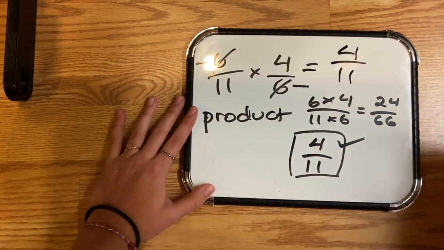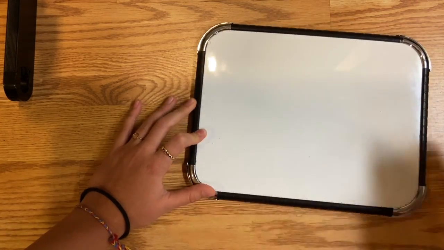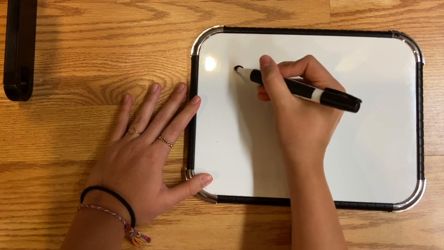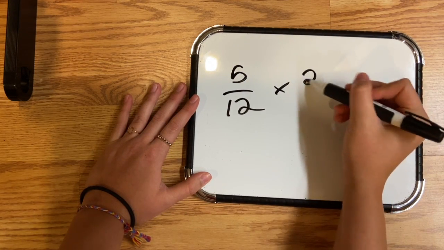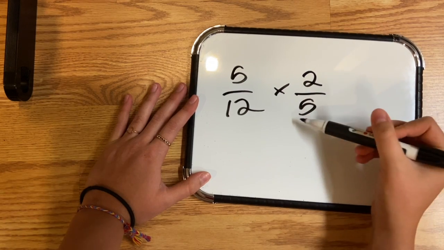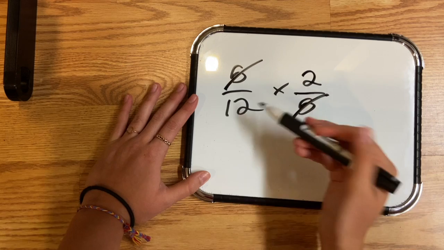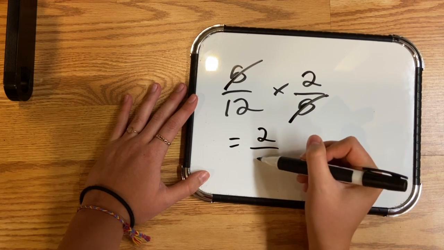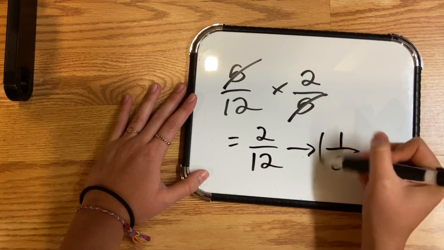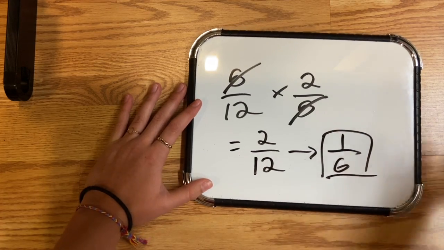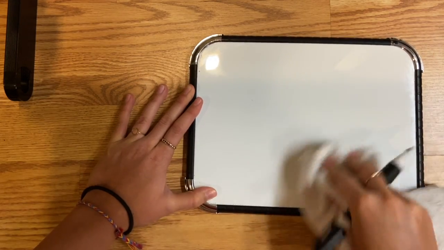So the same thing if you have a fraction that looks like this. If you have, let's say, 5/12ths times 2/5ths, you could do the same thing. You could say, hey, the 5's can cancel out, so now we just have 2/12ths, which can be simplified then into 1/6. Awesome.